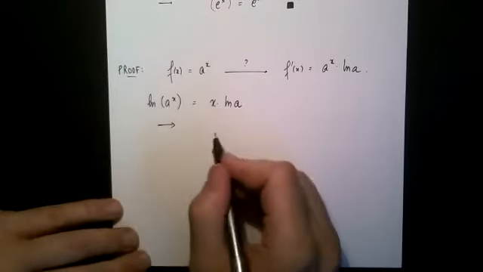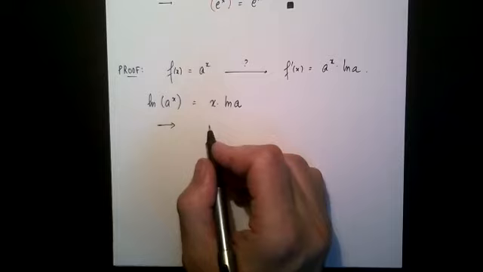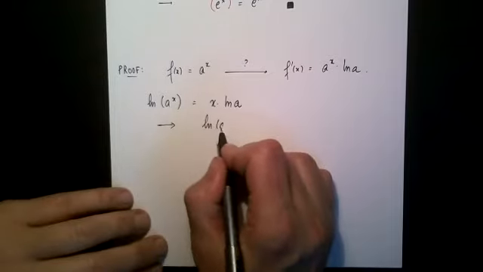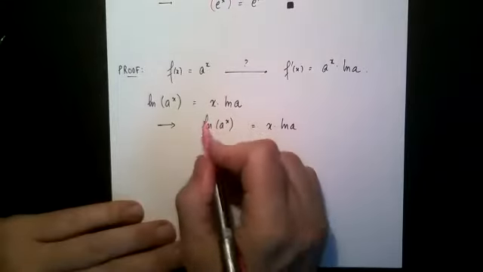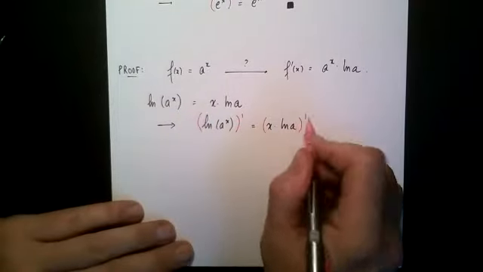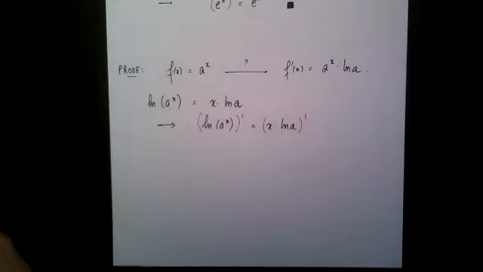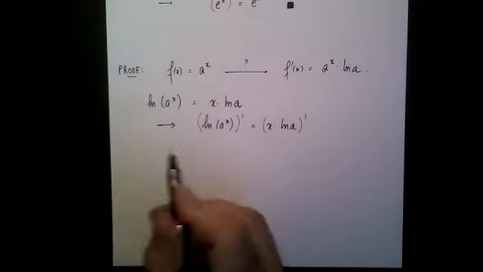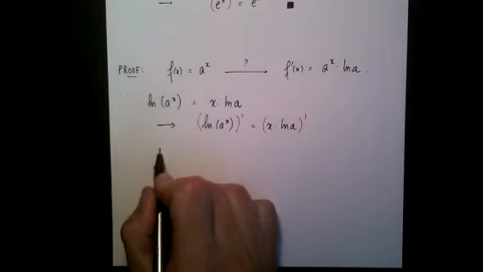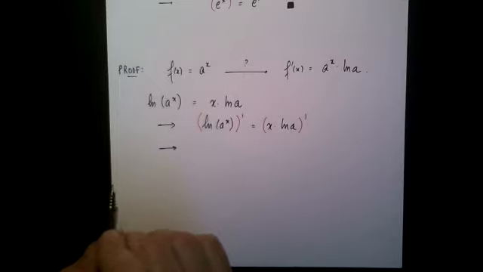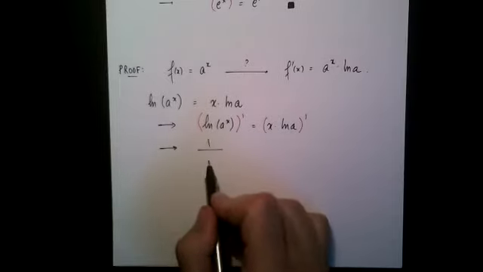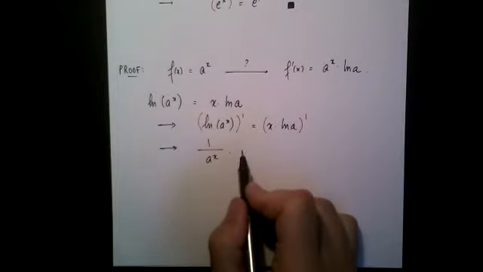And now I'm going to derive both sides. So ln of a to the x, and x ln a. If I prime this side and I prime this side, I get the same thing. So what's the derivative of ln of a to the x? 1 over a to the x times what?